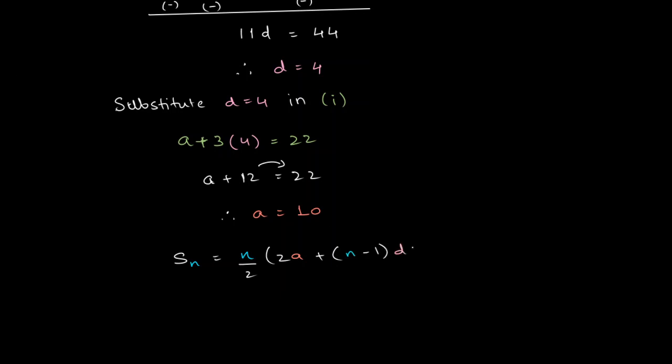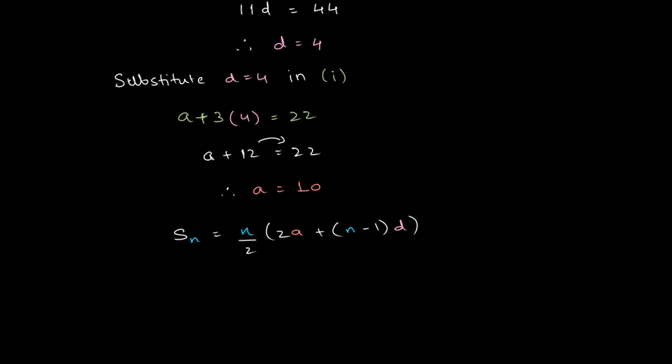So that is the formula for Sn. Now let's just plug in all the values that we have and find the sum of 8 terms. So what we want to find is S8, which is equal to 8 upon 2, 2 into A we found out to be 10, so 2 into 10 plus n minus 1. So n we know is 8 because we want to find the sum up to 8 terms, and d we know is 4, so into 4.